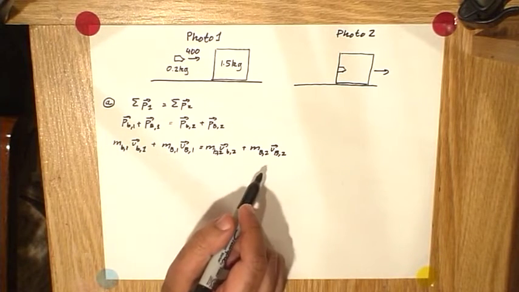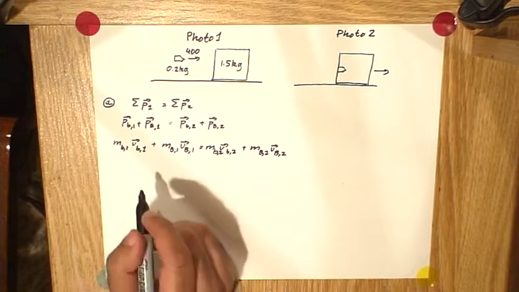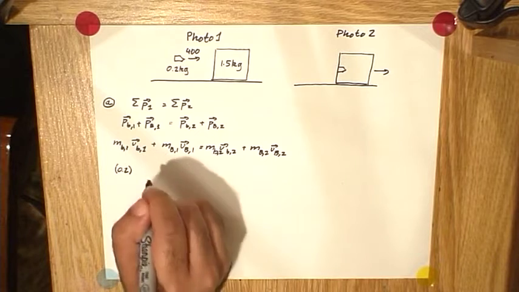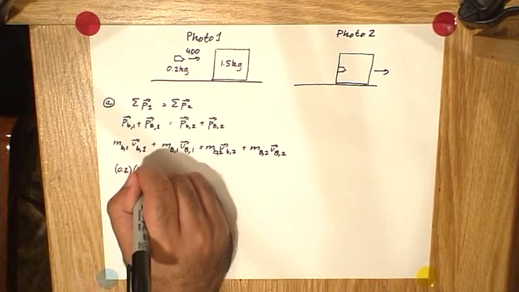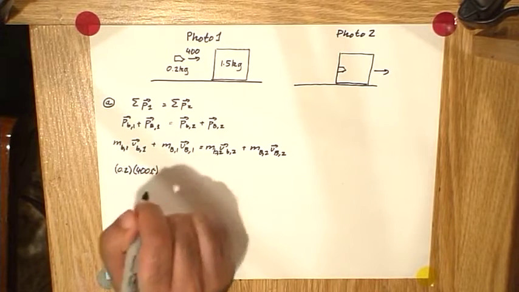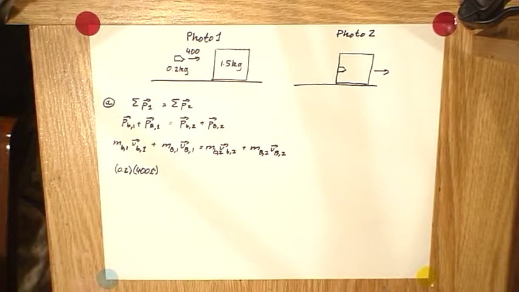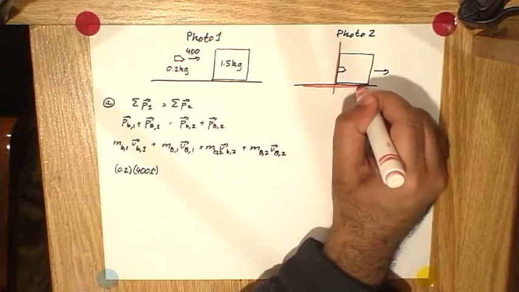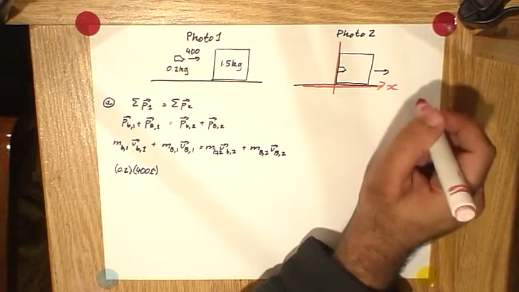Now, let's substitute in all the information that we know. The mass of the bullet is 0.2. The velocity of the bullet was 400 i hat. Oh dear, I just realized that I haven't actually put in my axes. I'm going to set rightwards as being the positive direction.